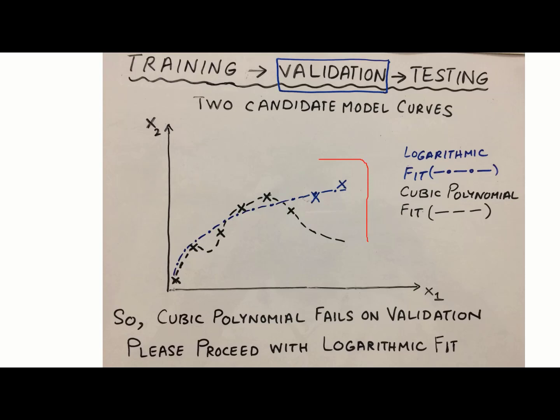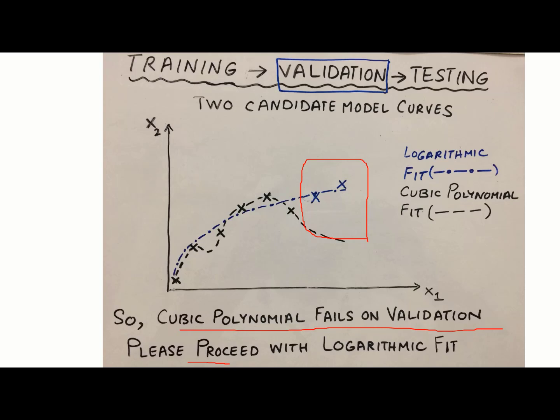These are the 2 new data points to be used for the validation, and you can see that the blue curve is fitting the 2 new points. These points were not available at the time of training. And so the cubic polynomial has essentially failed on validation.